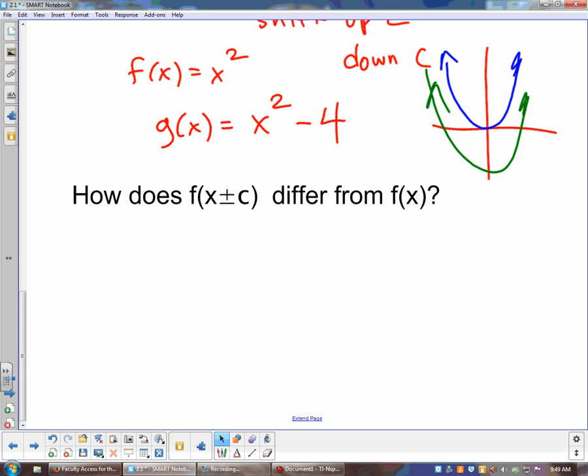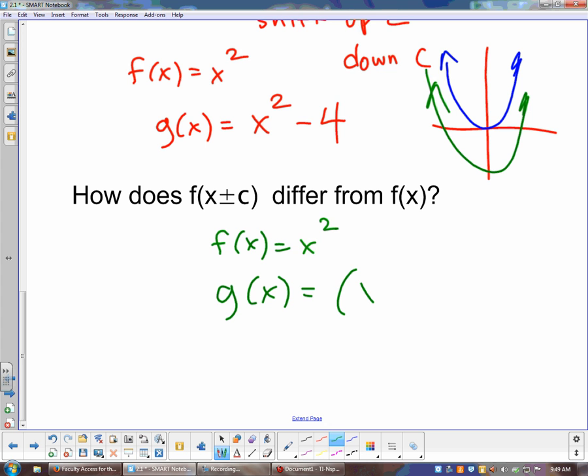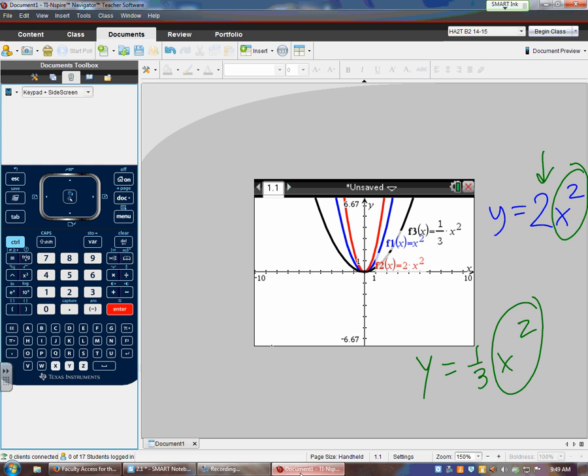Okay, now what about this? How does f of x plus c or f of x minus c differ from f of x? So how does f of x equaling x squared differ from, let's say, g of x equaling x plus 3 quantity squared? Horizontal. Megan? If it's plus, it's shift left. Let's test that. Let's grab the calculator.